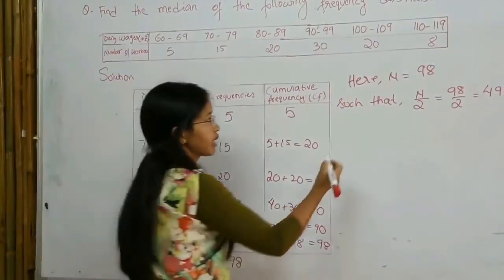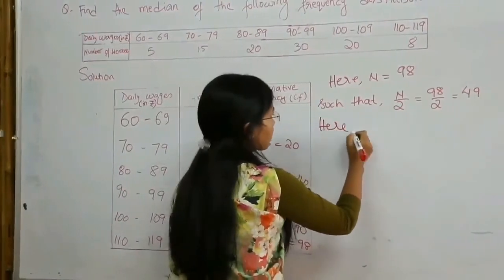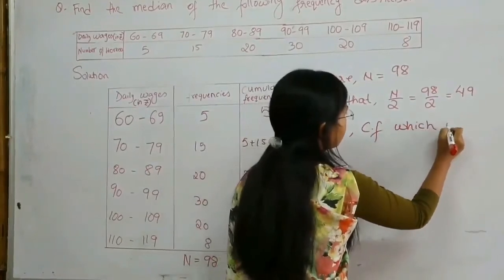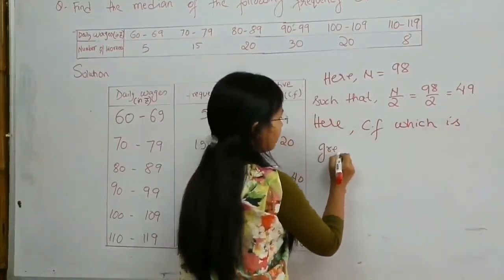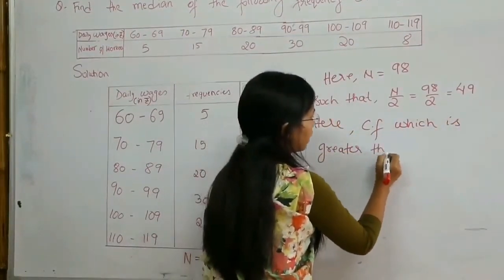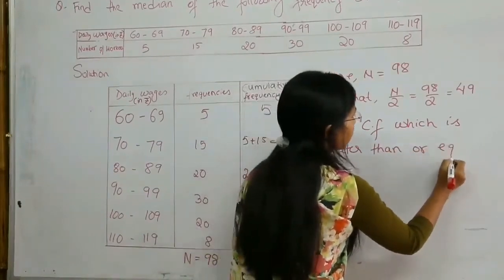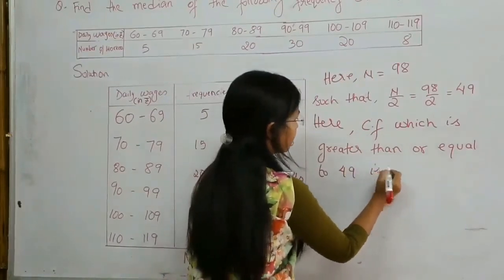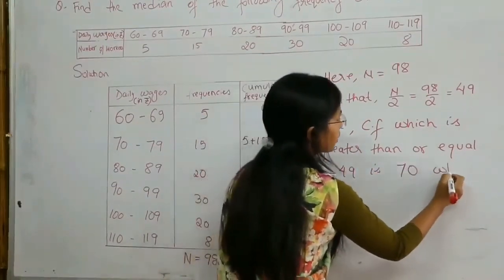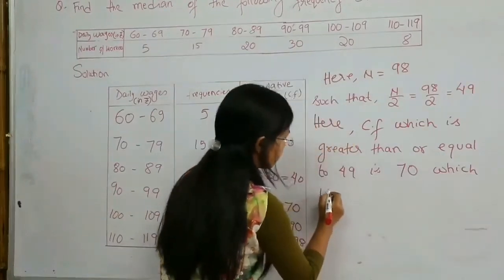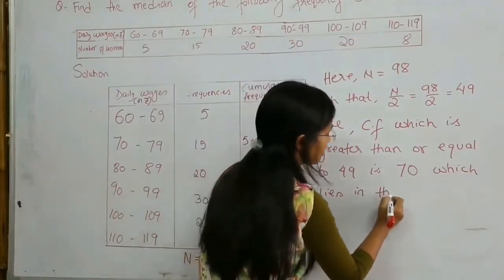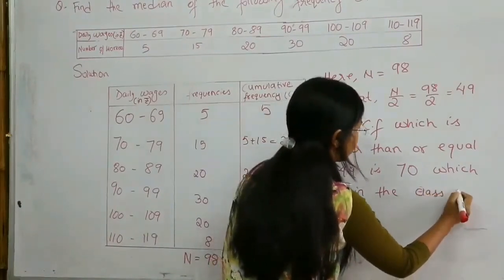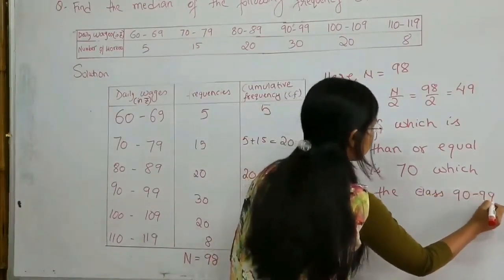Right? So here, the cumulative frequency which is greater than or equal to 49 is 70, which lies in the class 90 to 99.